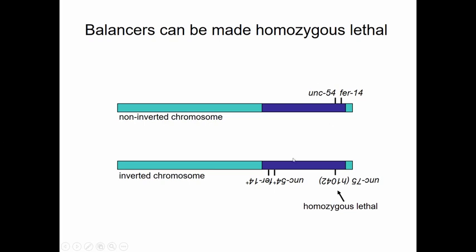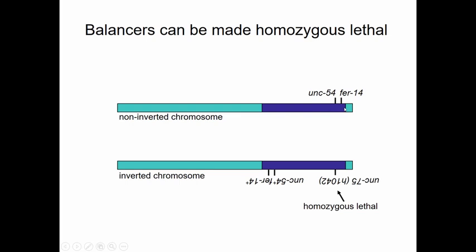If we just had a wild type chromosome down here with pluses, you could get a recombination that would allow you to have paralyzed worms that were not sterile or fertile, right? We don't want that. So by having this chromosome up here has no inversion, just the UNC54 and FIR14.